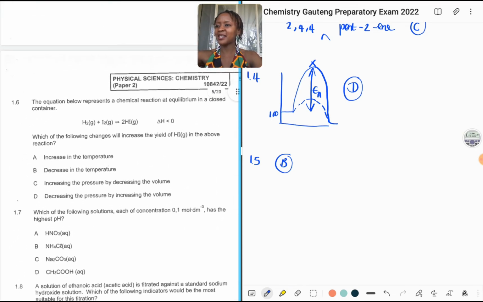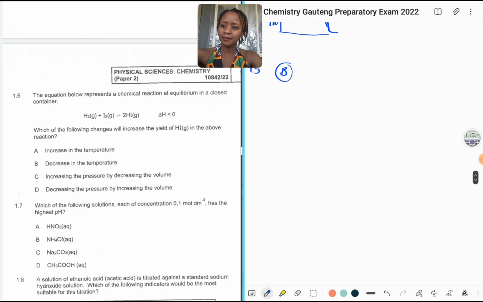Okay, and then we get to 1.6. The equation below represents a chemical reaction at equilibrium in a closed container. So we have hydrogen gas, iodine gas, and then hydrogen iodide. Our reaction is exothermic because your enthalpy is less than 0.